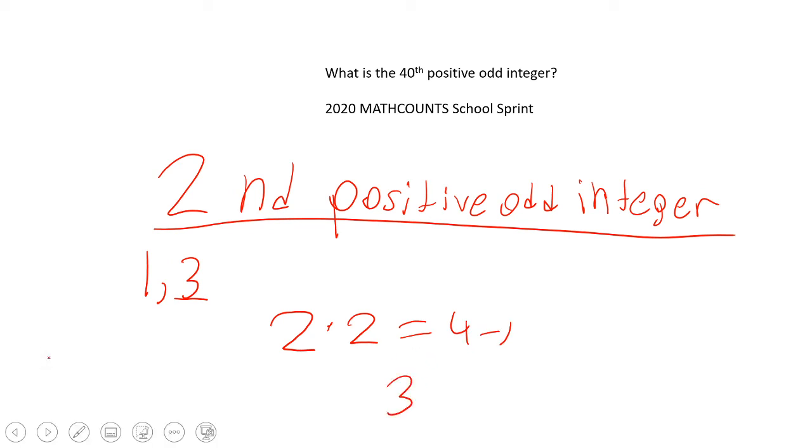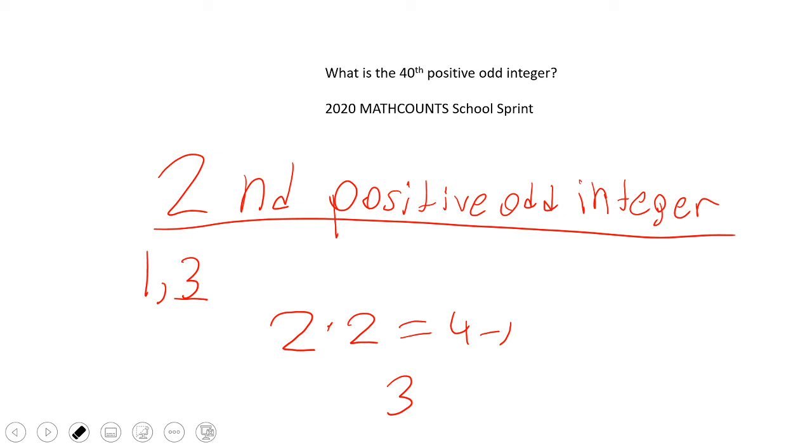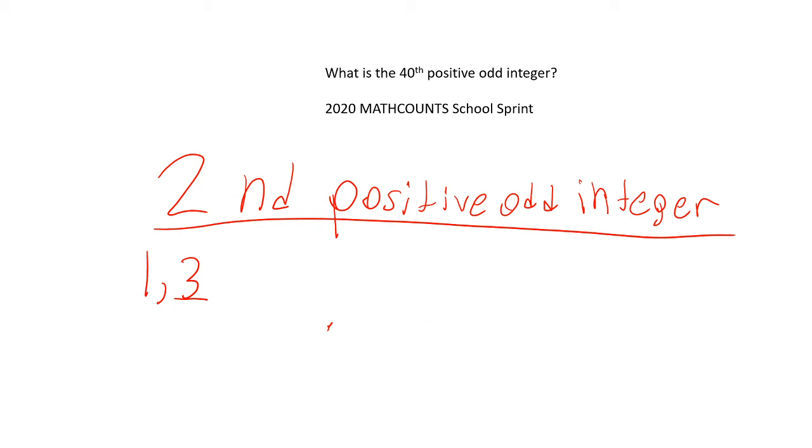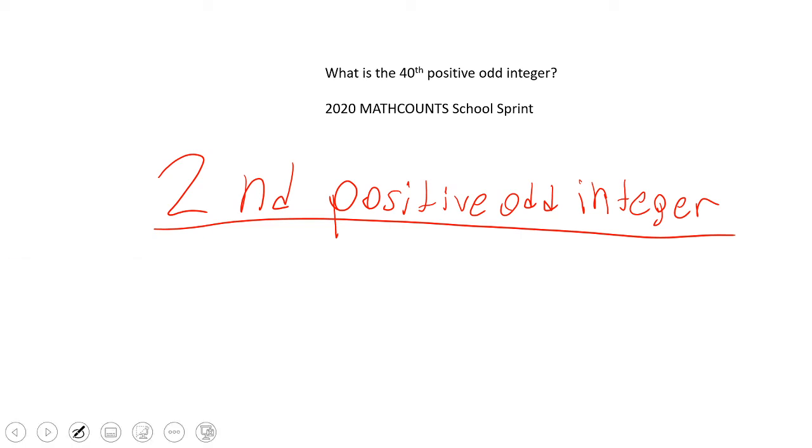But does this work every single time? Let's find out. Let's try to find the third positive odd integer, which is 5.